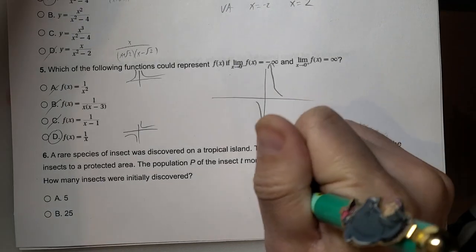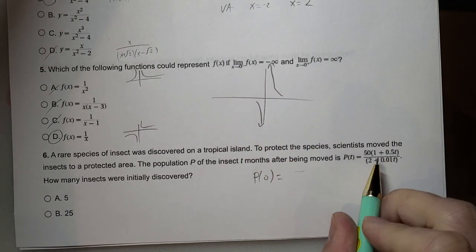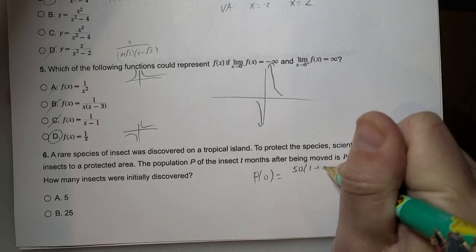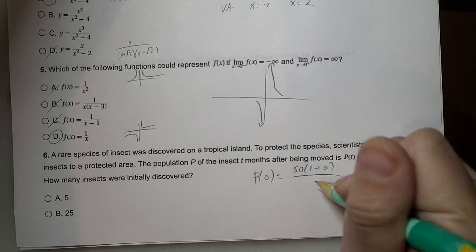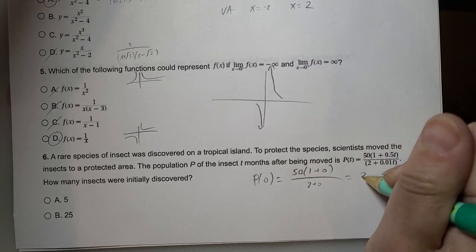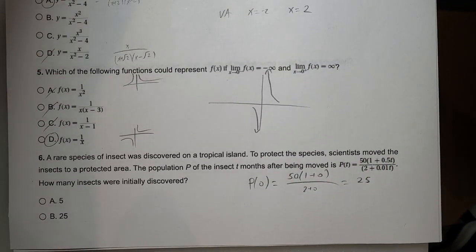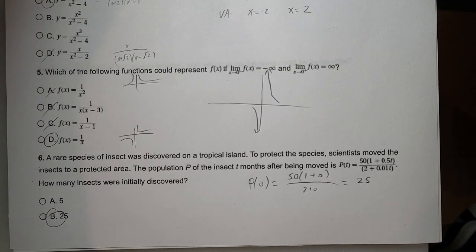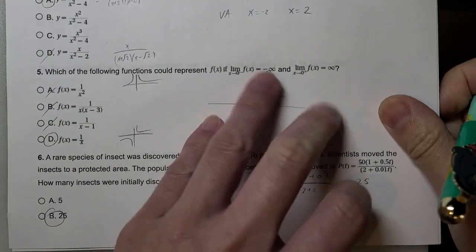Okay, so we just want P of 0, which would be, we solve this, it'll be 50 times 1 plus 0 over 2 plus 0. So it should be 25. Let's see if I did that right. 6b. Yes. So I didn't even need the other choices. Okay. Let's move on.